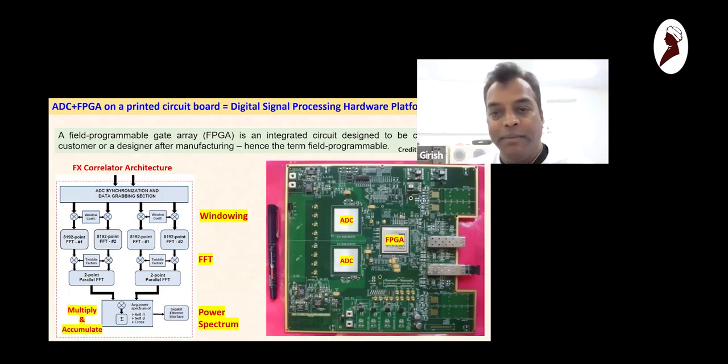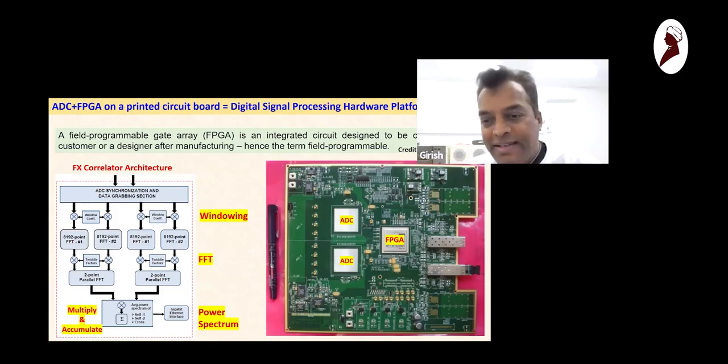Hence the term field programmable. It contains millions of programmable logic gates, a lot of memory, what we call block RAM, specialized modules like multiply and accumulator units, and high-speed interfaces, and various things to implement complex digital signal processing algorithms in real time.